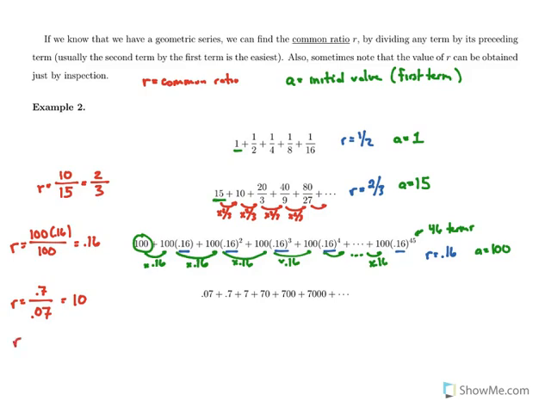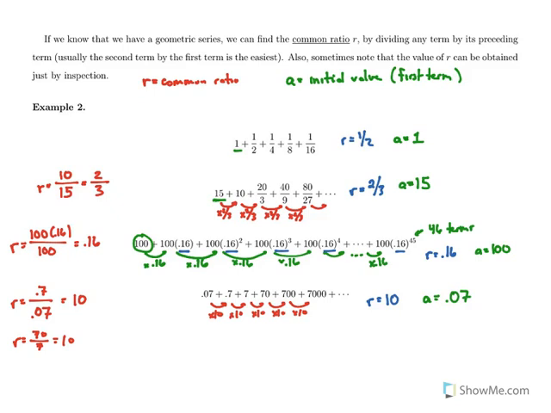Maybe using 70 divided by 7 is actually easier there. But each step of the way on this last series, we are multiplying by 10. So here the r value is 10, and the a value is 0.07.